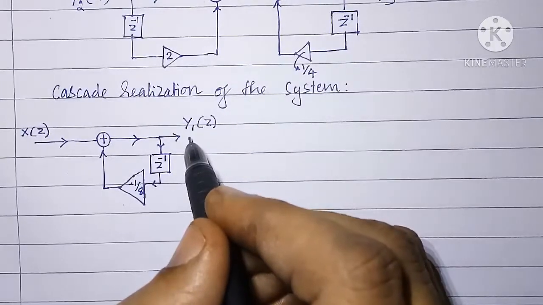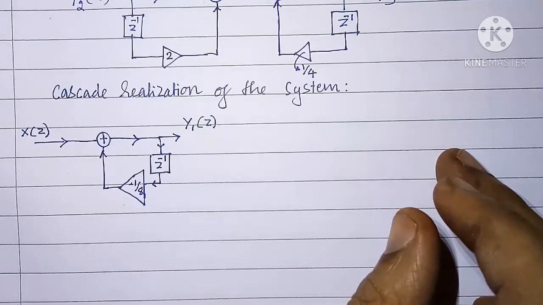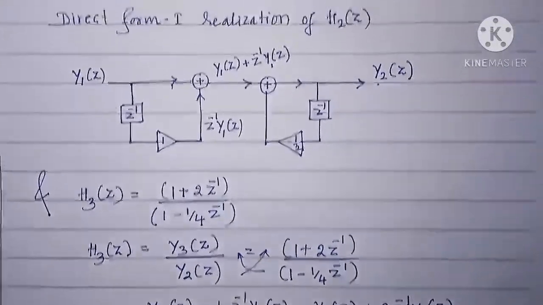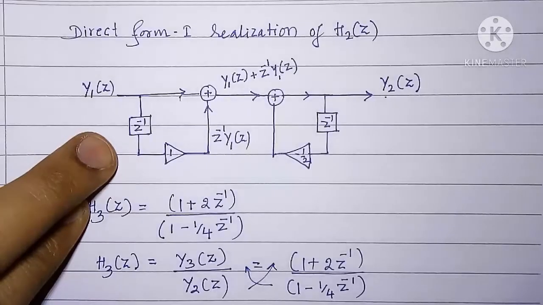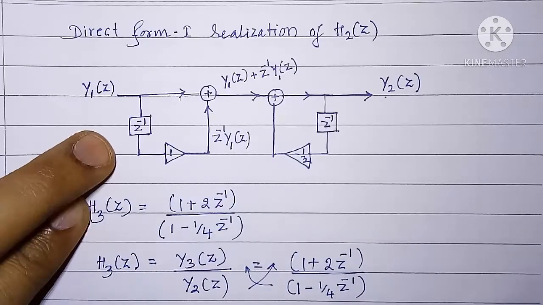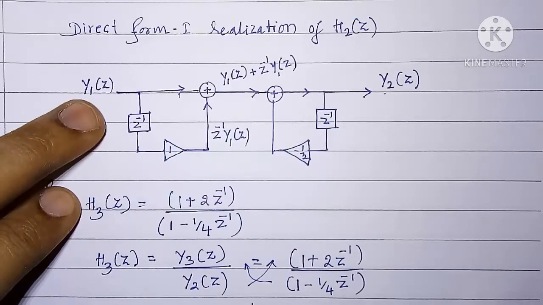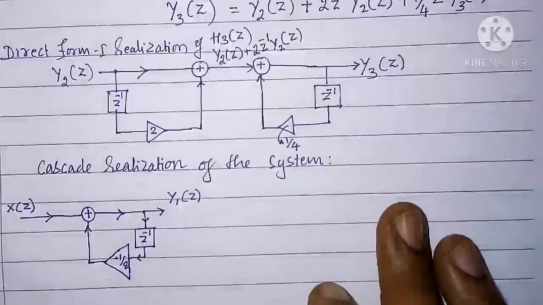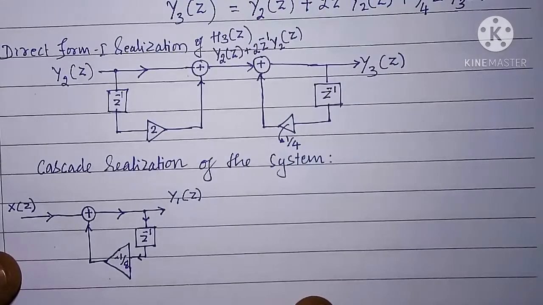Now this output y1 of z is input to the second system. In the second system, that is in h2 of z, we are having this block diagram. So we'll show this system connected to y1 of z of first system.